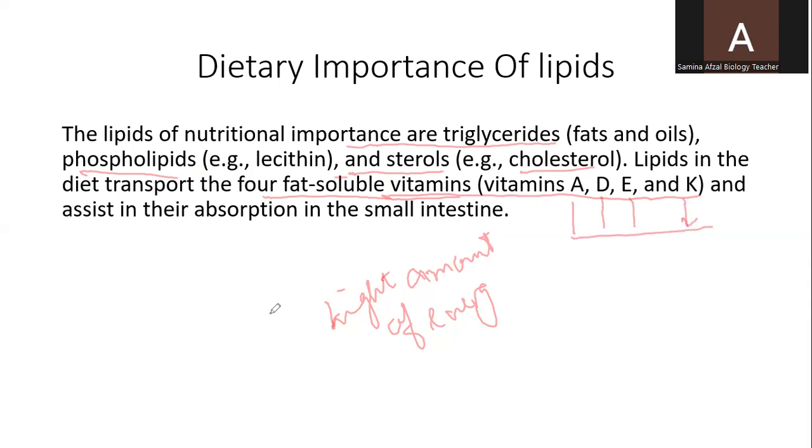When they are dissolved in the fats, they are transported in the body and absorbed into the body, and all these vitamins perform different functions in the body. So in this way we would like to say that lipids also play a very important role in the body.